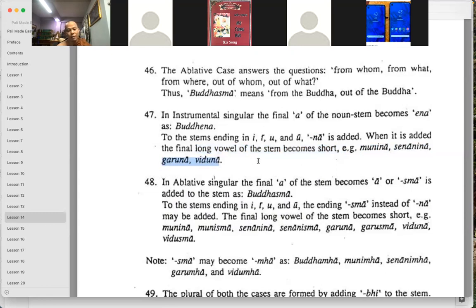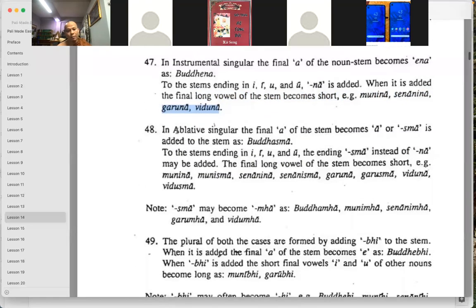And then in the ablative case, the a of the stem becomes a, or sama is added. Actually, it is not that a becomes a in the ablative case; actually, just the construction form sama is added.